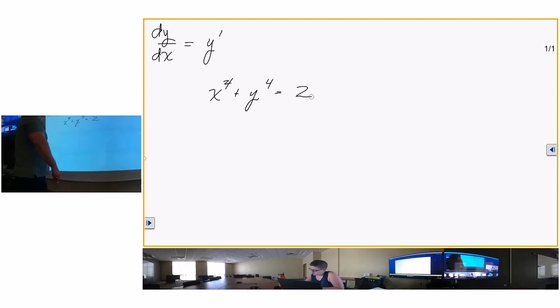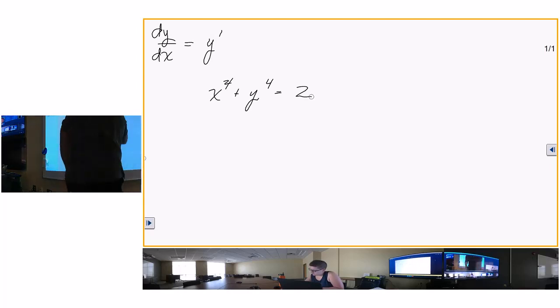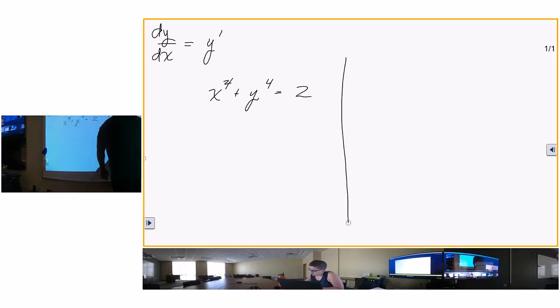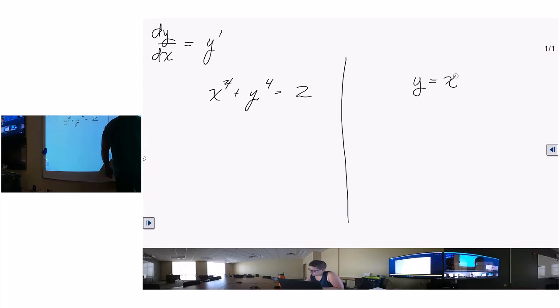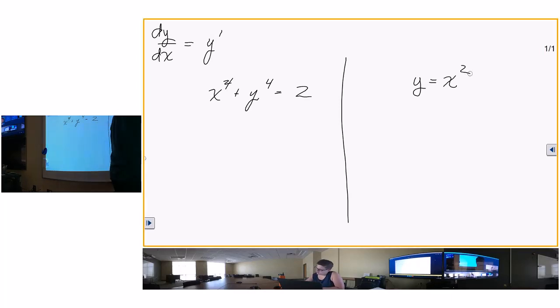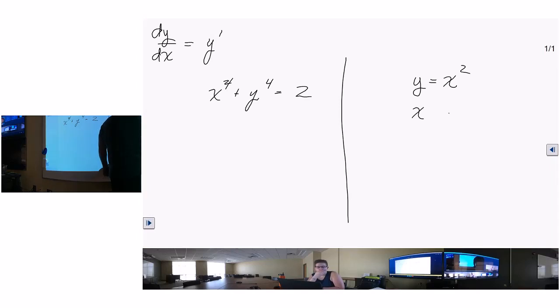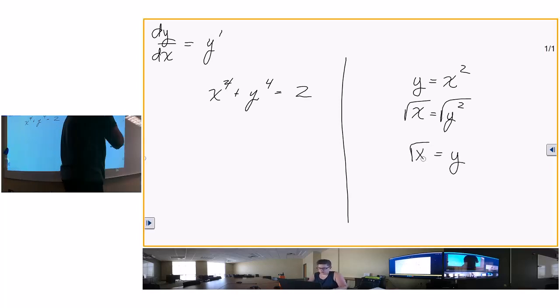And what you want to do, you remember when we did y is equal to x squared? And I asked you to find the inverse, and you switched x and y like that. Then you solve for what? Y, and you got y is equal to the square root of x. You remember doing that?